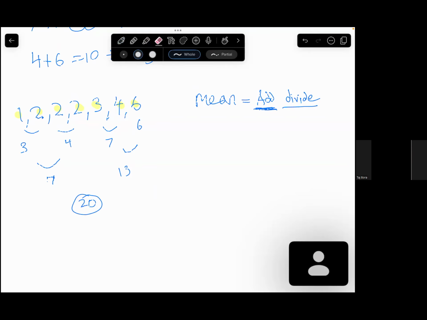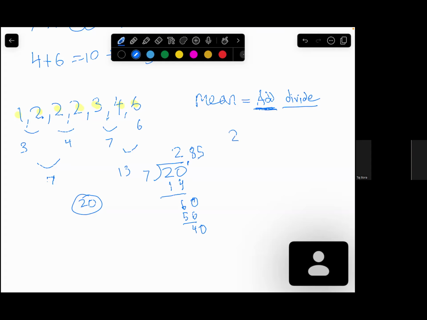So 20 divided by 7 would be, it only goes in 2 times, and this is long division. This only goes 2 times, and we'll just say to the second place, 8, 56, 4, and then 5.